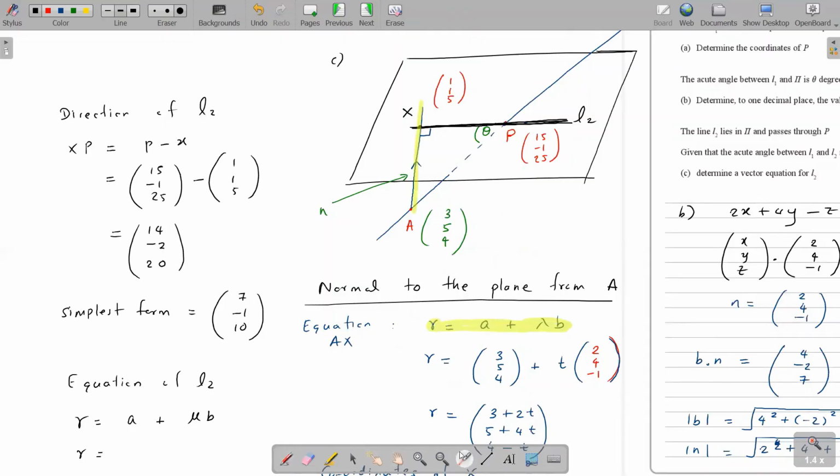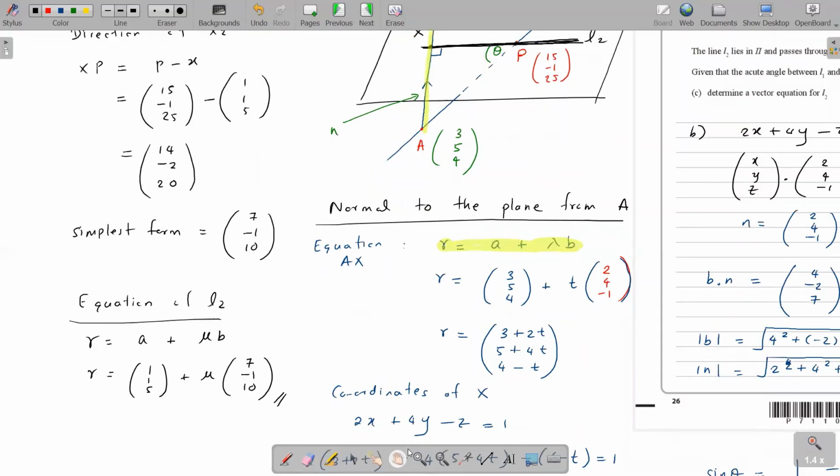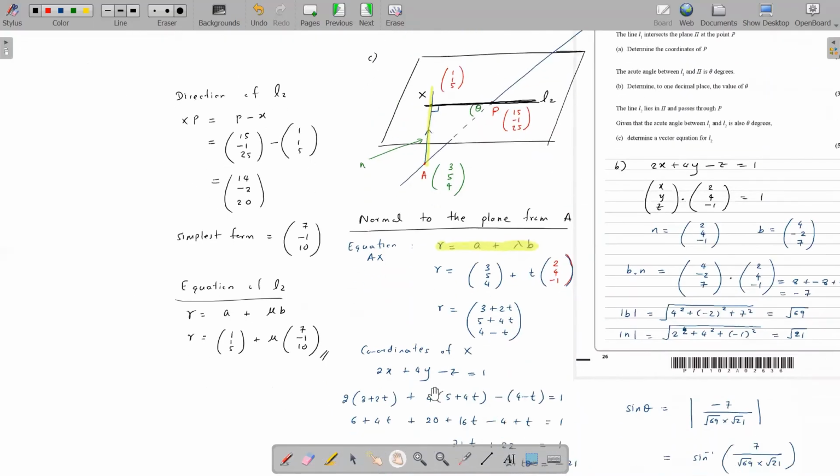For A, we could use 115, or we could use 15, minus 1, 25. So r equals 115 plus mu times 7, minus 1, 10. Okay, so this is the equation of line 2. Is this clear?